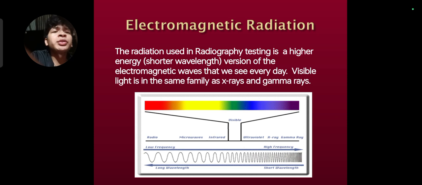This radiation is electromagnetic radiation, used in radiography testing at higher energy or certain wavelengths. There are actually two types of this kind of radiation, called X-rays and gamma rays.